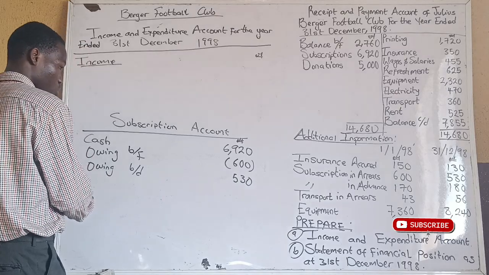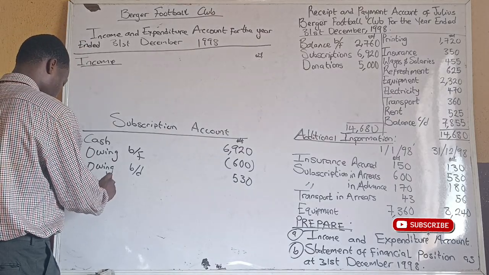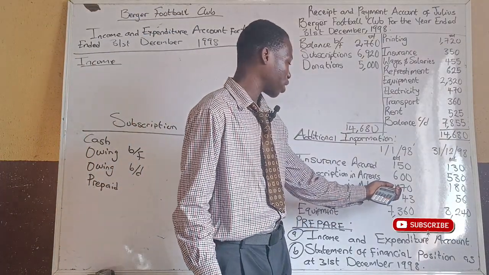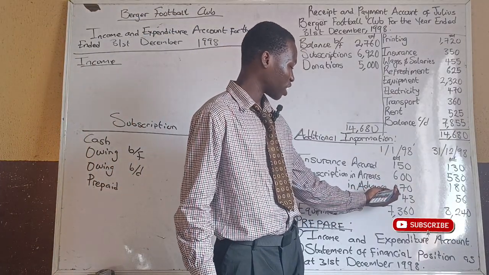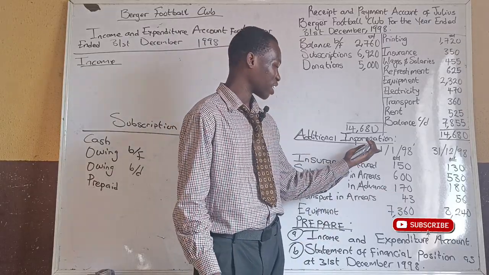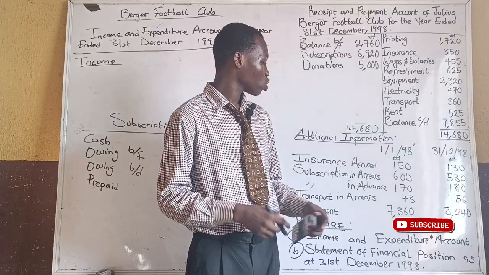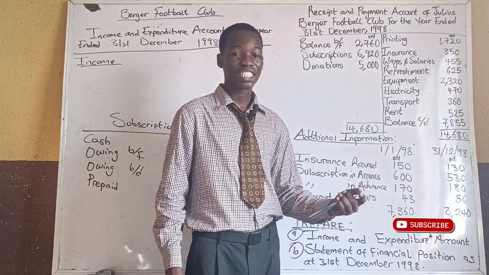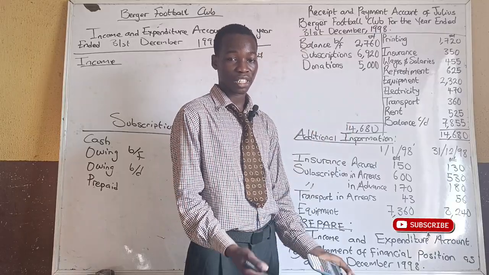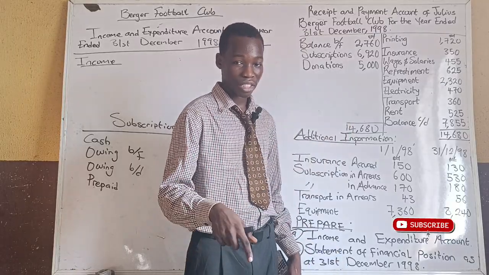Now let's move to the other one, which is advance. Advance simply means prepaid. At the beginning of the year, an amount was paid in advance. Subscription was paid in advance, 170. When subscription is paid in advance at the beginning, it simply means that it's for this year, right? Note that in accounting, the end of last year is the beginning of this year.